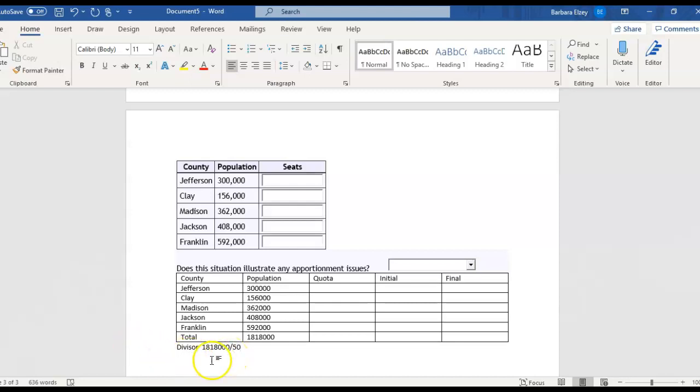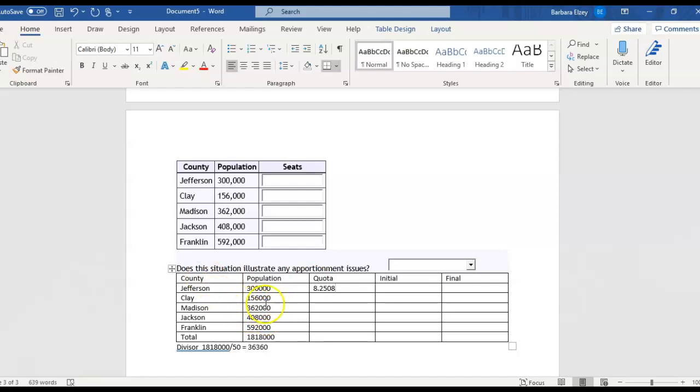So let's divide the population by those 50 seats, and our new divisor ends up being 36,360. Now let's divide each of these populations by the new divisor of 36,360. So 300,000 divided by this ends up being 8.2508.